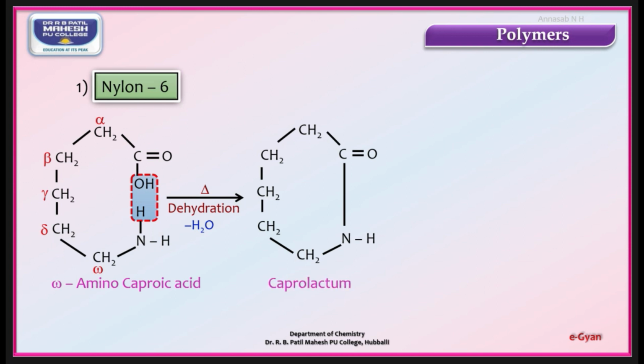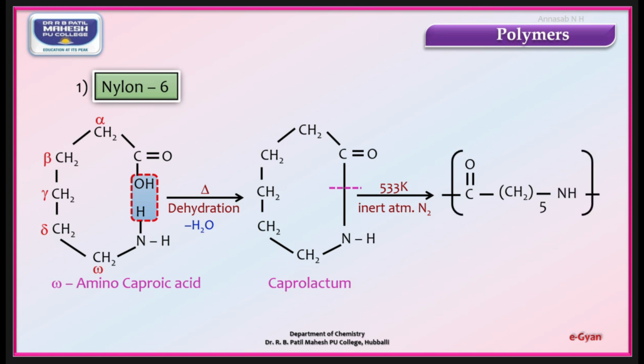Dear students, please remember, the monomer for nylon 6 is caprolactam. When the bond between carbonyl carbon and nitrogen breaks at the temperature of 533 Kelvin in the inert atmosphere of nitrogen, that is N2, now the ring becomes open chain, that is C double bond O, there are 5 CH2 groups and NH group.